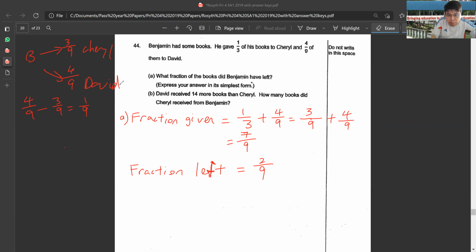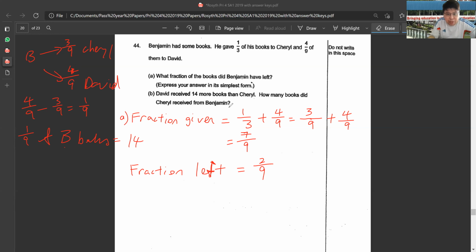Because David received 14 more, right? And from here, David received 1 over 9 more, correct? So 1 over 9 of Benjamin's books is 14.